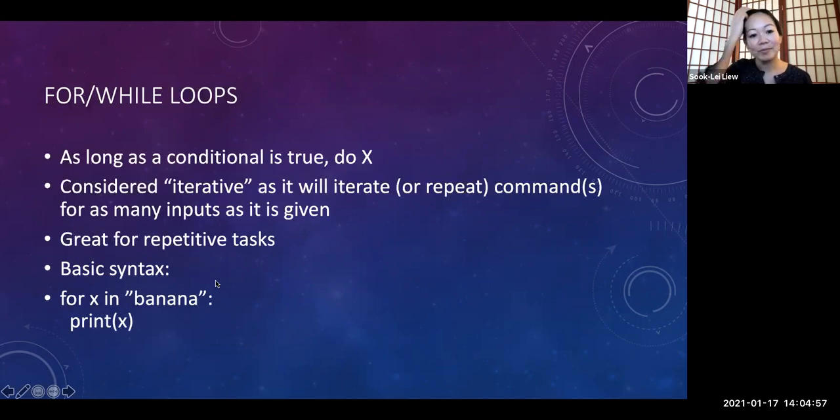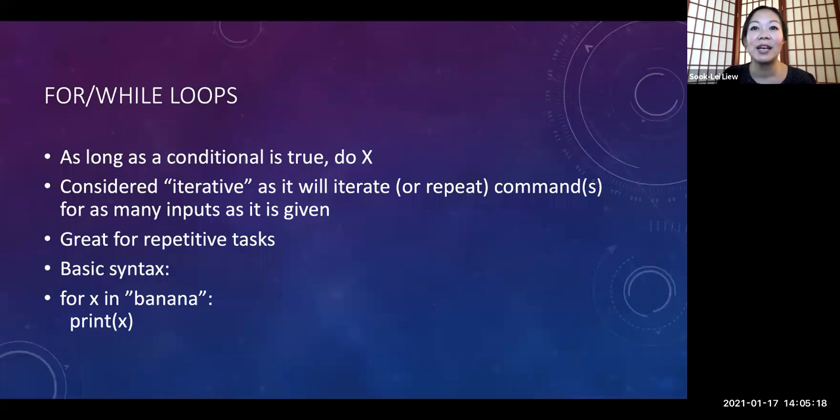Okay. The second type of conditional is called, they're either for loops or while loops. And in all of these cases, these are really common structures, so they're not unique just to Python. You'll have something similar to them in Java or C++ or MATLAB, etc. This is really called like programming logic.